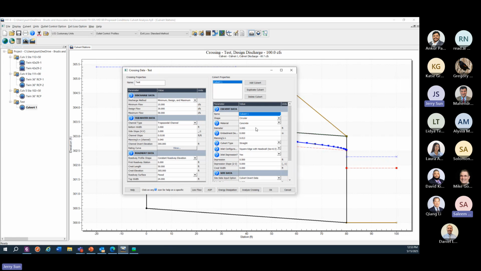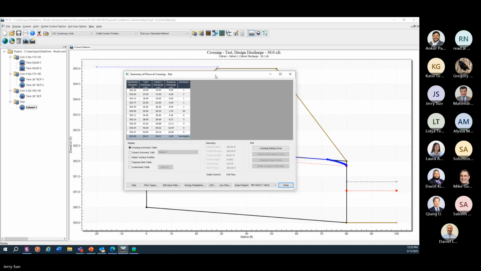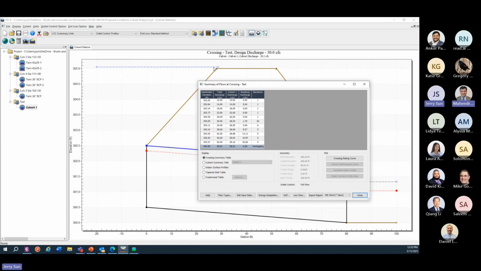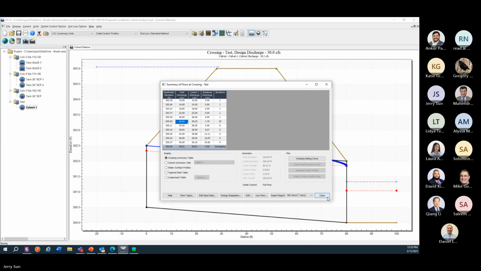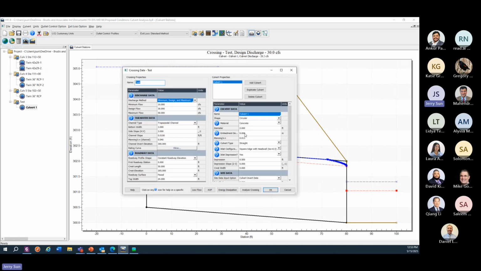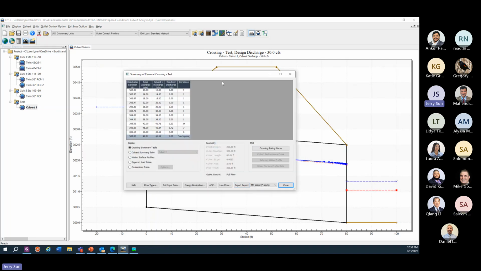The diameter of the pipe, 2 feet. Okay, let's run it. You see it's still overtopping. So it is overtopping, not the design. Let's change to 2.5 feet. Okay. Now it's good.